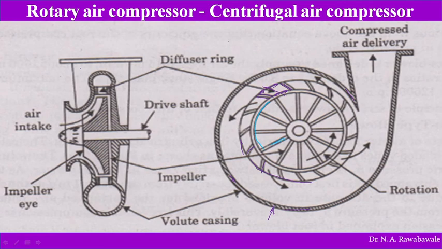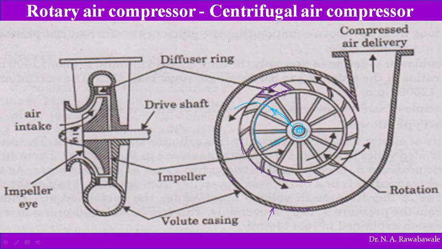It has radial blades. Air enters from the center hole into this impeller, and this impeller makes the air move away from the center of rotation by centrifugal force. This air which enters at the center perpendicular to the plane of paper is thrown by the impeller by centrifugal action into the diffuser, and from the diffuser it enters into the volute casing.